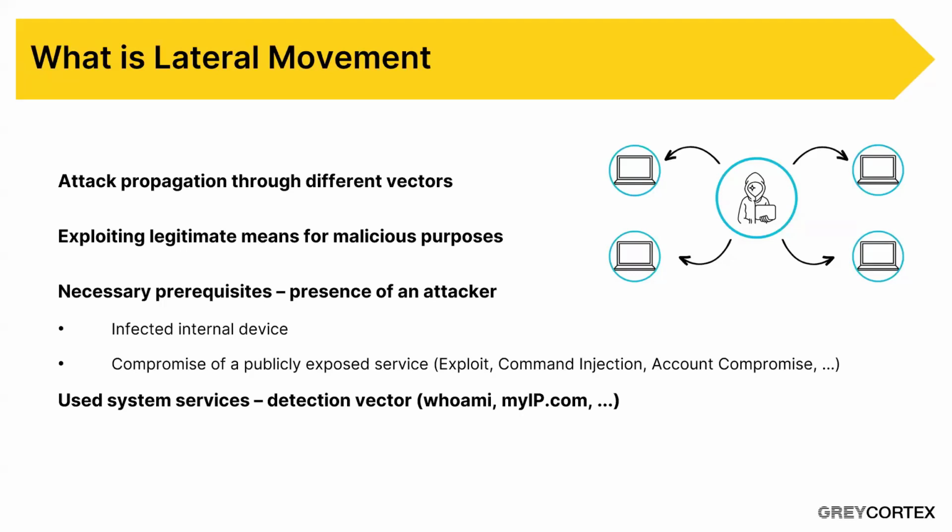Before lateral movement can start, there needs to be an infected device internally in your network. And of course, for that, it's the north-south traffic. For that we have firewalls and all kinds of things.